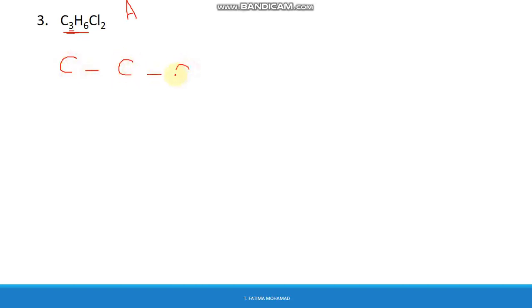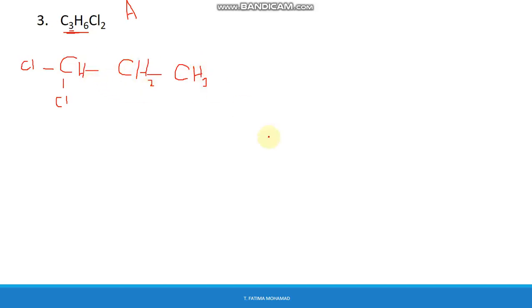Where can we put the chlorine? First we put them on the first carbon. We have 2 Cl, so they are here. Then we start writing the H. Here the C is bonded to 3, so it needs 1 H. Here it's bonded to 2, so it needs 2, and here it needs 3.